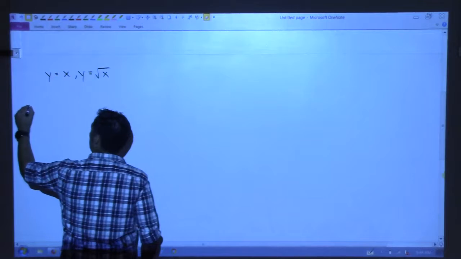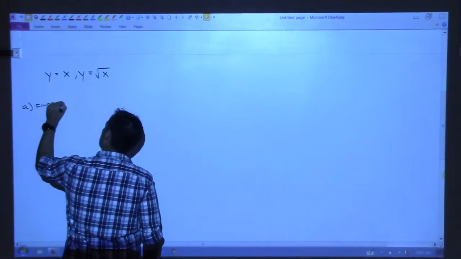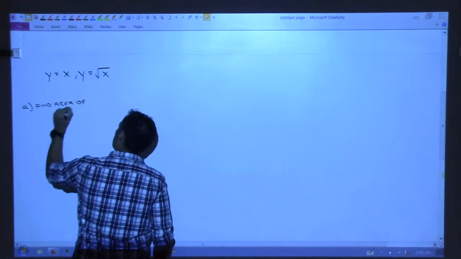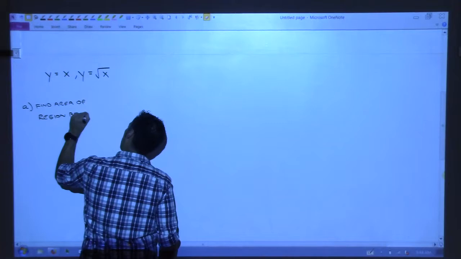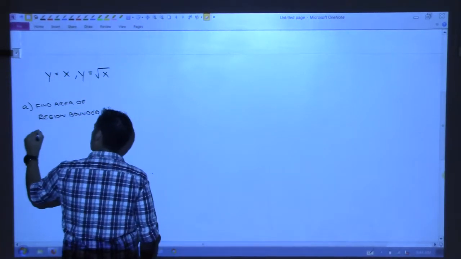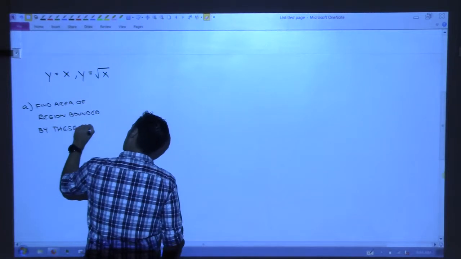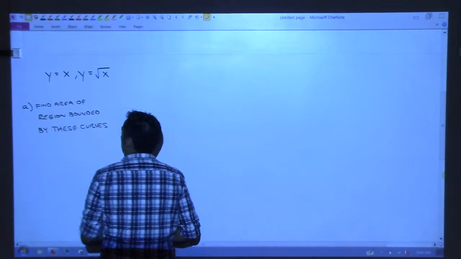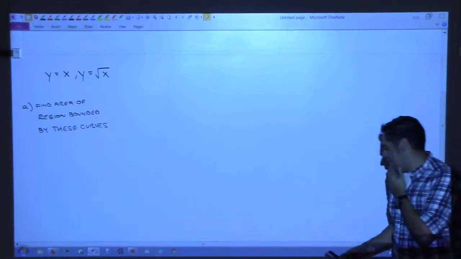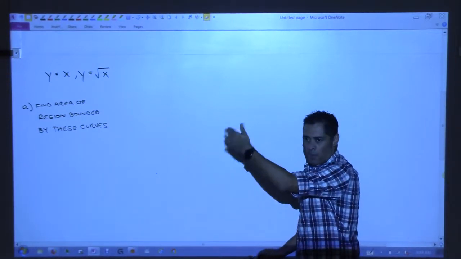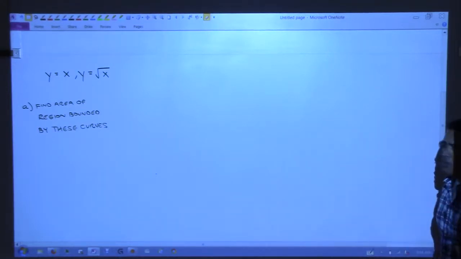The first question I want is to find the area of the region bounded by these curves. Okay, that's part A. Now, I was going to list out all the different parts, like part A, B, C, but let's just do these one at a time. So let's do that one.